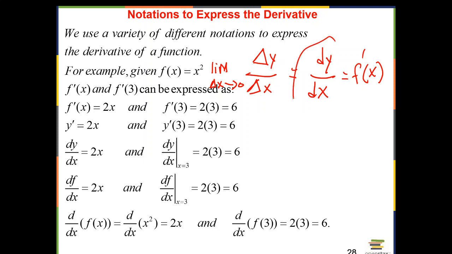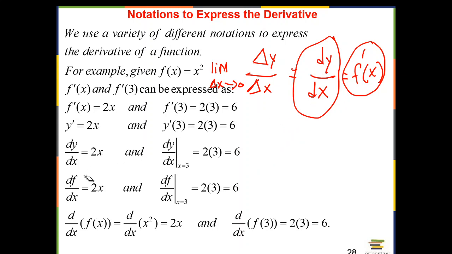This notation is called Leibniz notation. So instead of using f prime, this is Newton's notation, and this is Leibniz notation. Leibniz notation turns out to be much more useful in differential equations and in other math courses. But we can use both in this course.